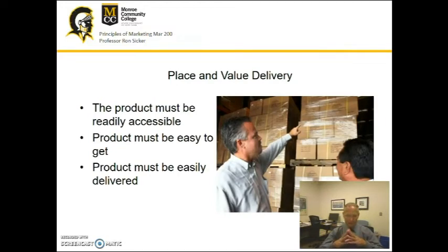Making it readily accessible or making it not readily accessible. There's a certain mystique about Tiffany jewelry. There's a certain mystique about things that are not mass distributed and are selectively distributed. Sometimes people hold them in a higher regard because there's selective distribution of those products.